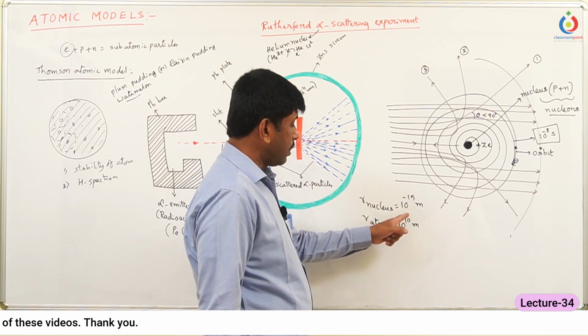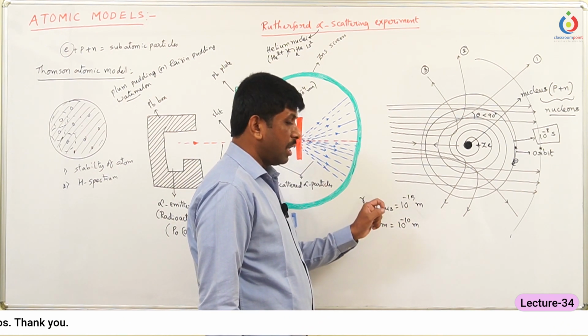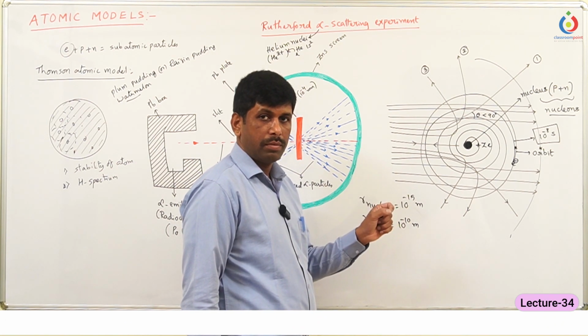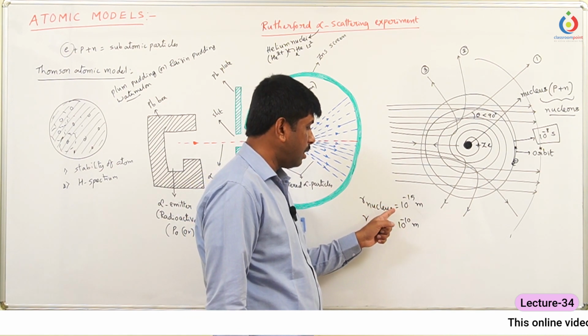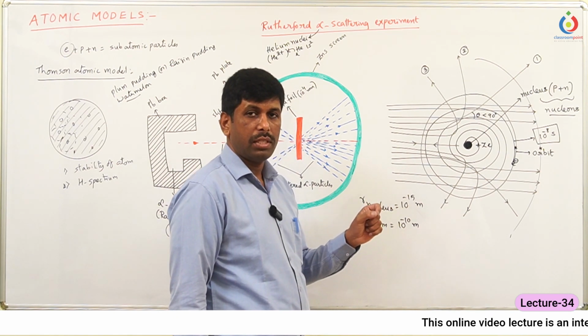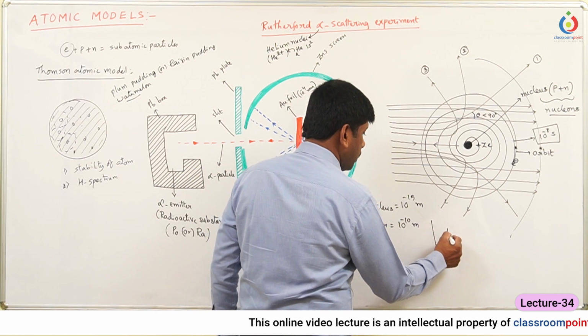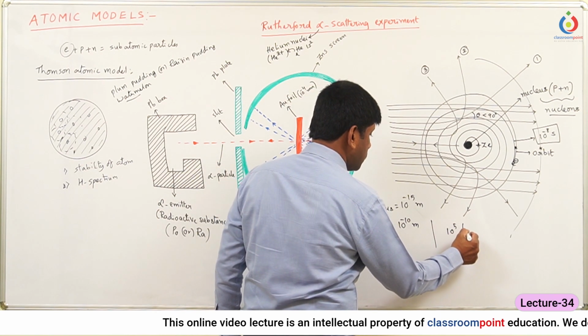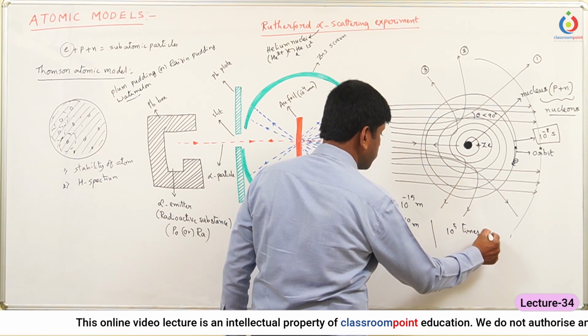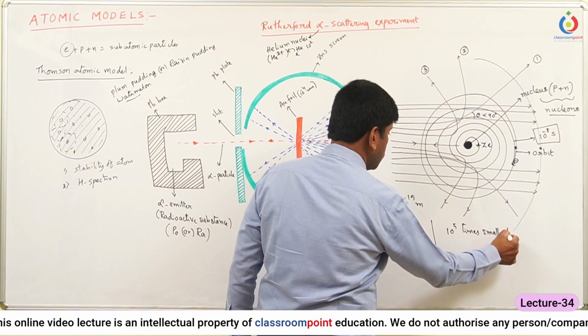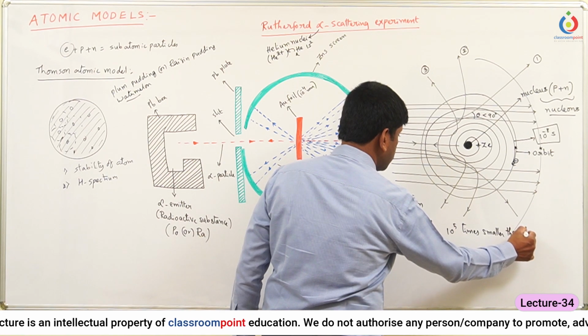So when you see this, the atom is 10 power 5 times larger than the nucleus, or the nucleus is 10 power 5 times smaller than the atom.